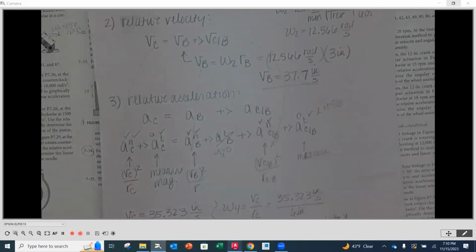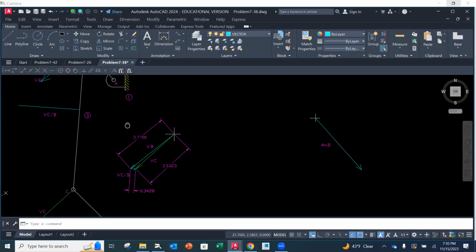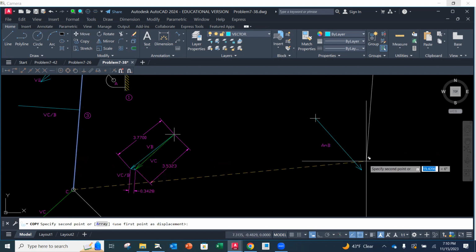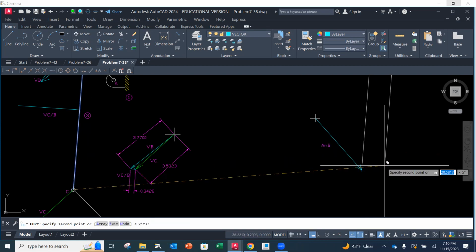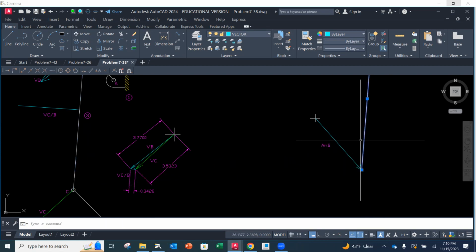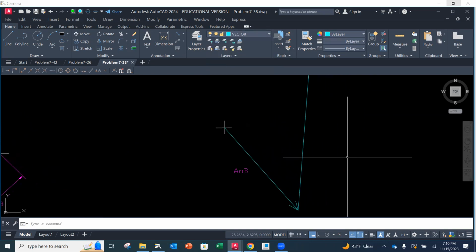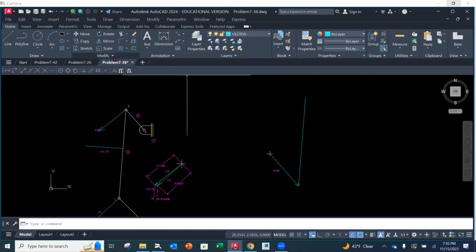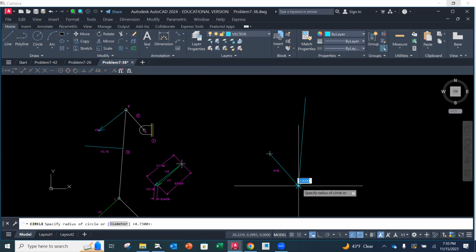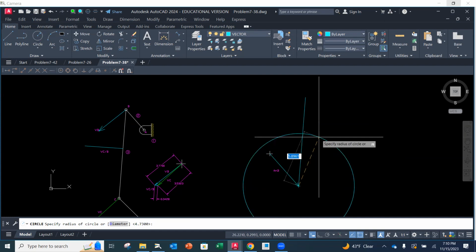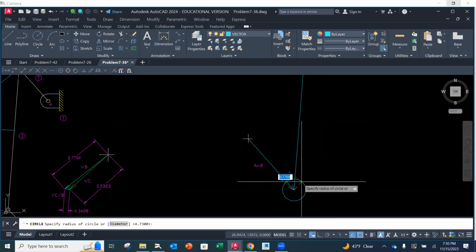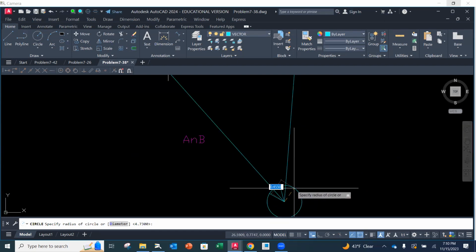So on the endpoint, we're going to grab link number 3, which is the same line of action as that normal. I'm going to put it on my vector. Okay. And then this distance from here is going to be, oh, this is that teeny one, isn't it? Oh my goodness. It is divided by 10.01.